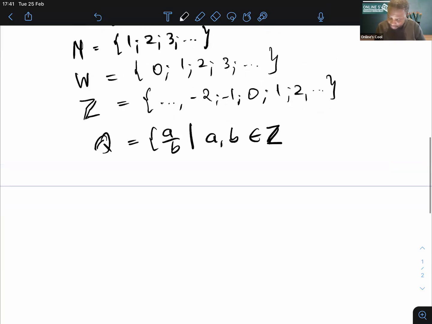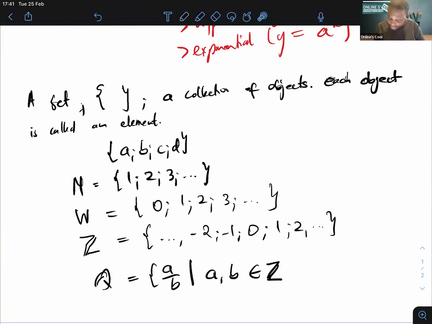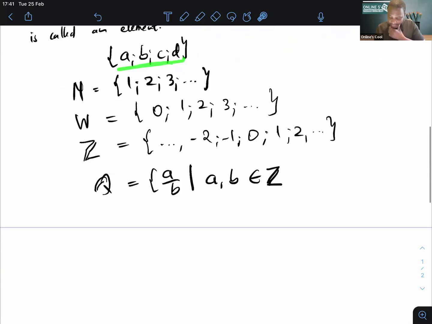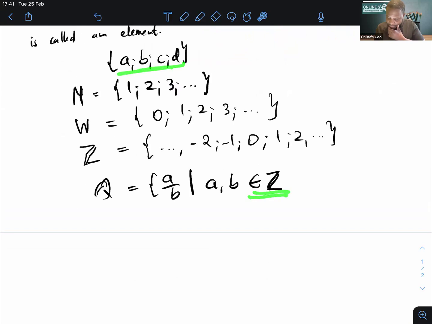Remember what I said elements mean: each number inside the set is an element. So we're saying that A and B are elements of Z, which means A and B can be any number in here. And any number in here, we can start at literally -1,000, -999, and so on, come up until 0, up until to the positives.